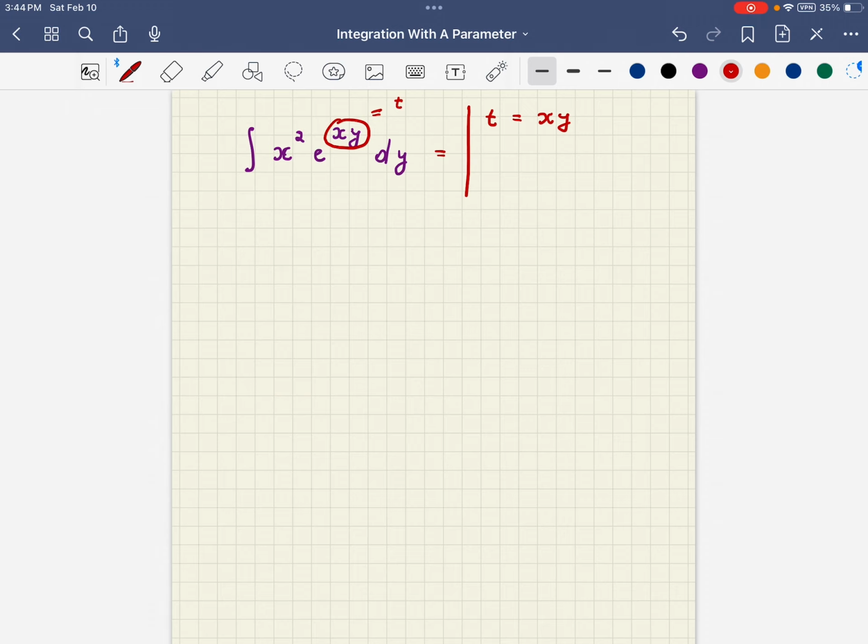Again, to complete the substitution, we need to express dy in terms of the new variable, t. So compute dt. And when I compute dt, I keep in mind that x is a constant, so dt is the differential of x times y, but because x is a constant, this will turn out to be just x times dy.